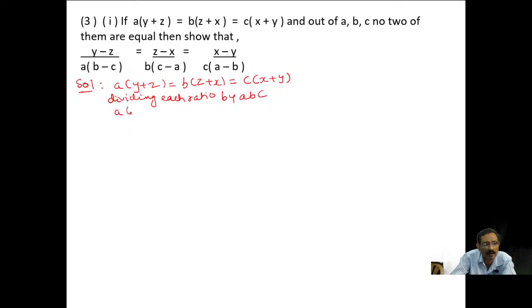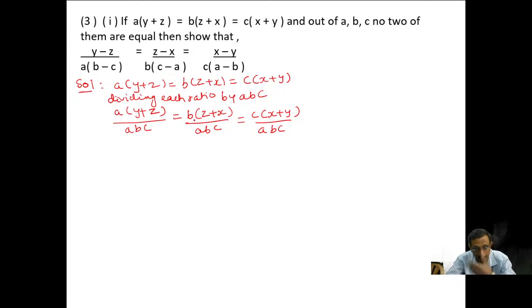So we have a(y plus z) upon abc, which is equal to b(z plus x) upon abc, which is equal to c(x plus y) upon abc. Now look here. We have got a(y plus z) upon abc. So this a gone. This b gone.